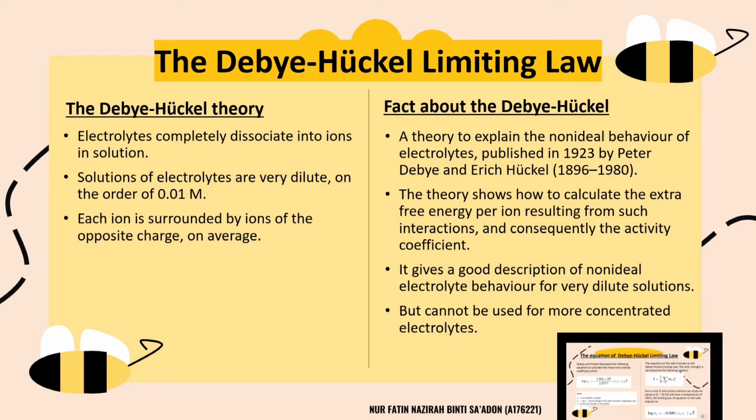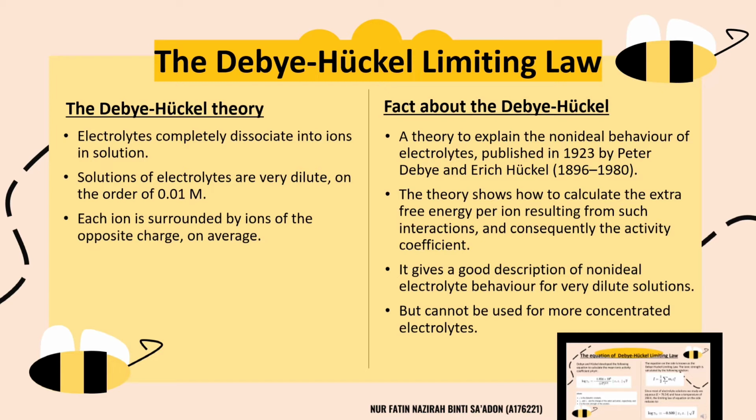The second is about the Debye-Hückel theory, a theory to explain the non-ideal behavior of electrolytes published in 1920 by Peter Debye and Erich Hückel. It assumes that electrolytes in solution are fully dissociated and the non-ideal behavior arises because of electrostatic interaction between ions.